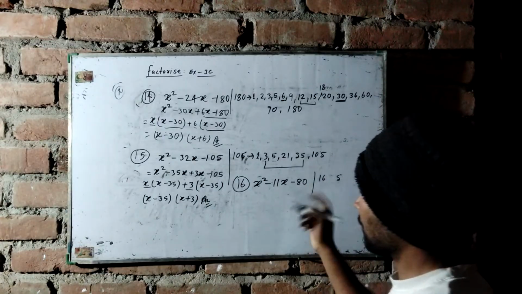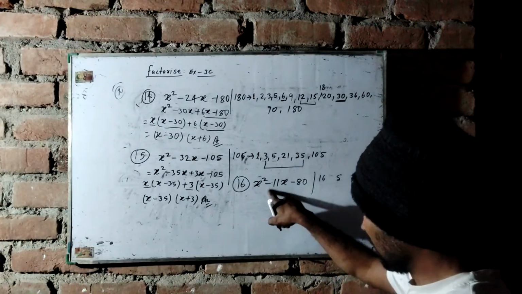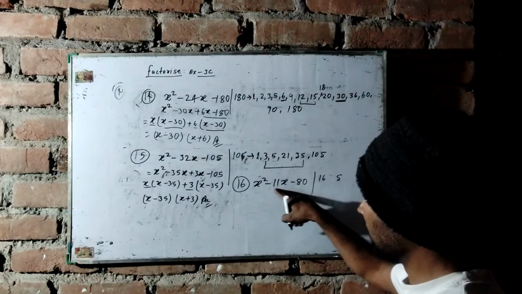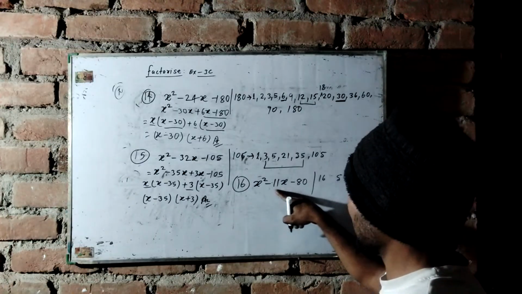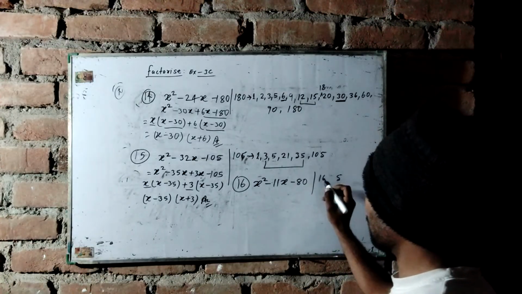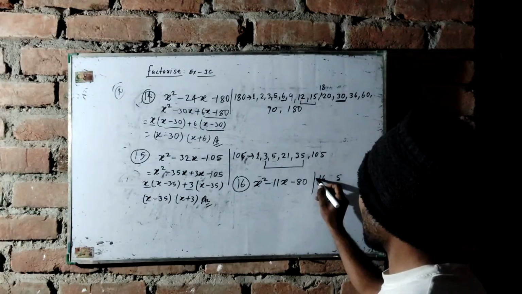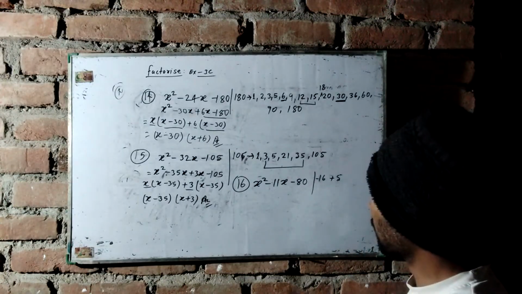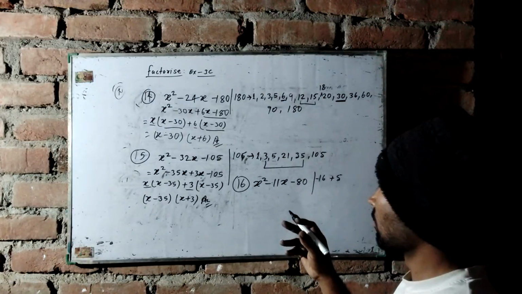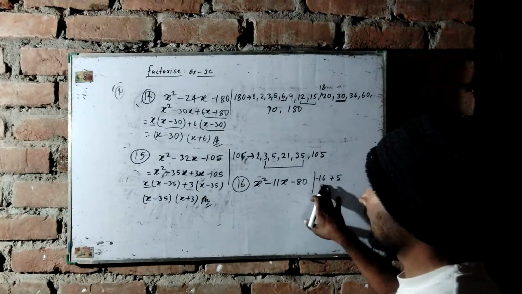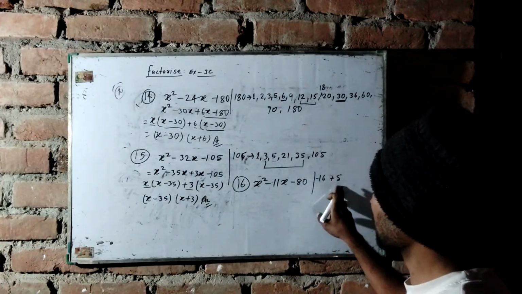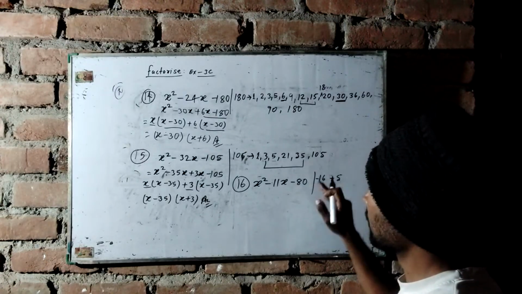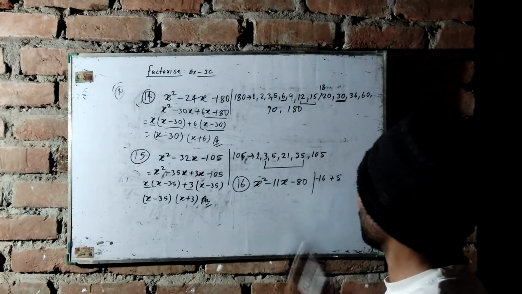But we need to take a minus sign, because here we need minus 11x, so we need to take minus here and plus here, because the product of one negative number and one positive number will always be negative.